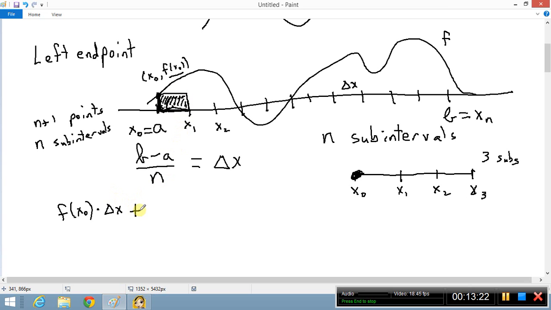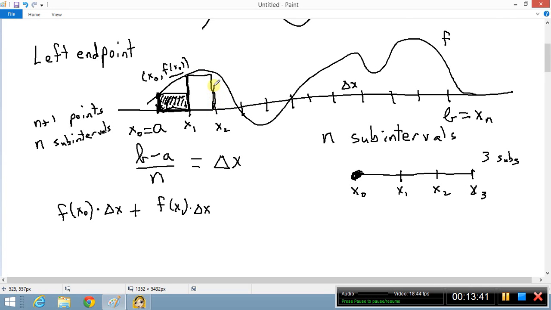Then I'm going to add to that what I get if I plug x1 into the function, which is going to give me this y value, right? And then I'm going to multiply that by delta x. So I'm going to get a rectangle that looks like this.